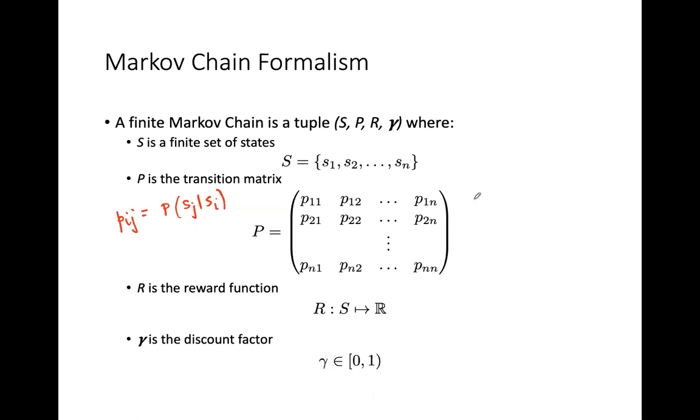Okay, so if we vectorize things, you can imagine a column vector that gives me the values of all my states. And similarly, you could imagine a column vector of my rewards, which simply arranges the rewards of all my states.